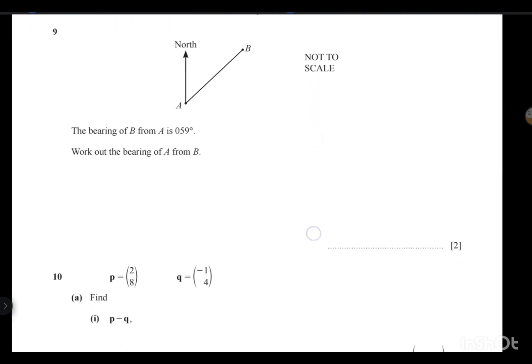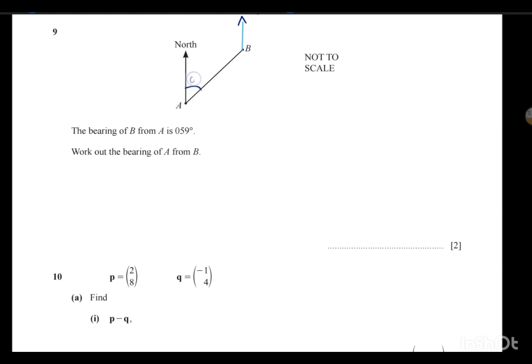Question number 9. The bearing of B from A is 059 degrees. Work out the bearing of A from B. So to work out the bearing of A from B, we'll have to draw a north line from B here. Then these two north lines are parallel.